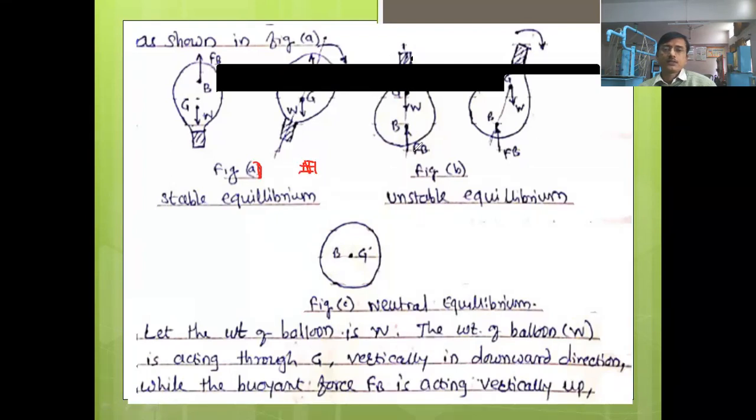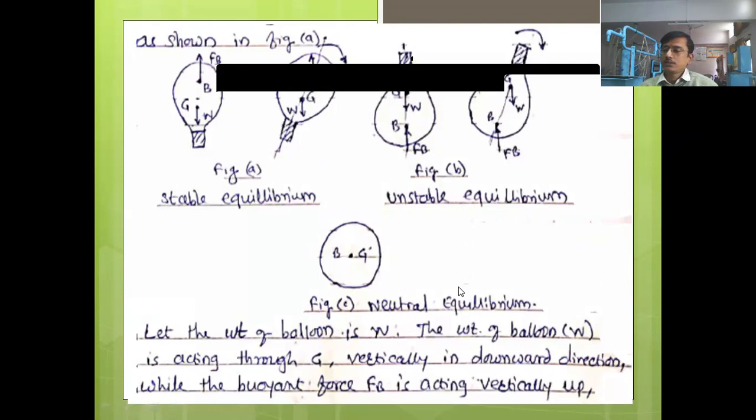So we can say the position of B and Z coincide with each other. They will coincide. They will occupy the same place.